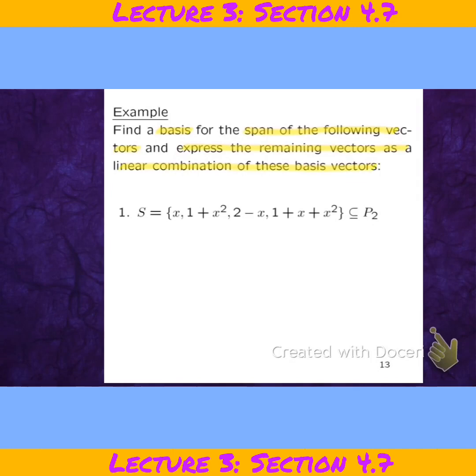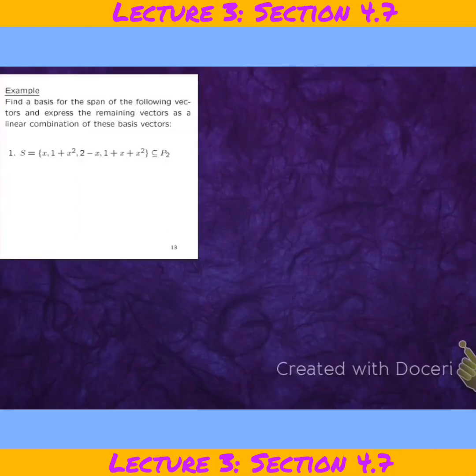We're given the vector set S, and it lies in P2, and we are asked to find a basis for the span of the vector set S. Instead of doing it the normal way, we're going to use this section to make this problem a little bit easier, instead of doing all of that work we used to do to prove this type of problem.